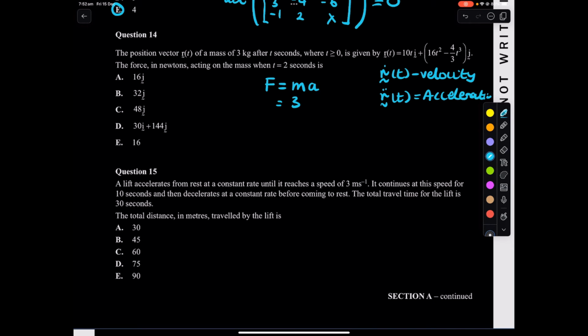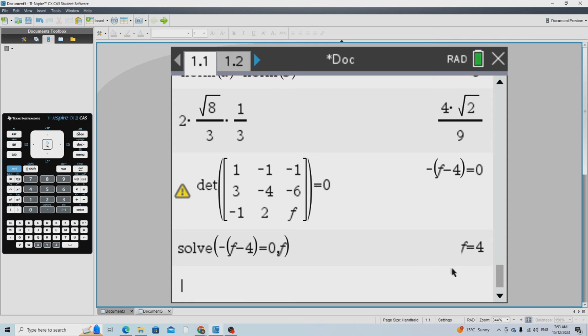So what is the acceleration at t equals 2? It will be r double dot of 2, times the mass, and that is going to give us our force.